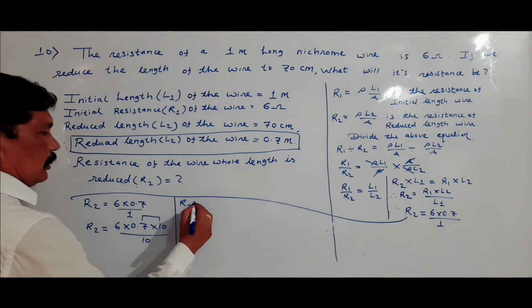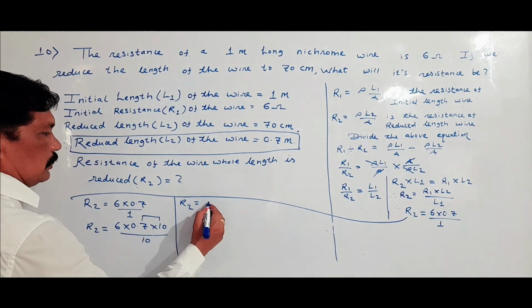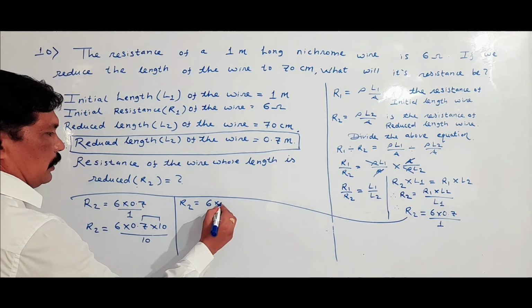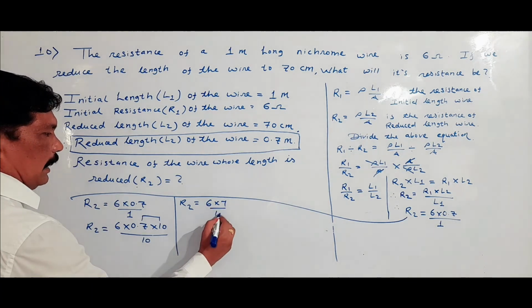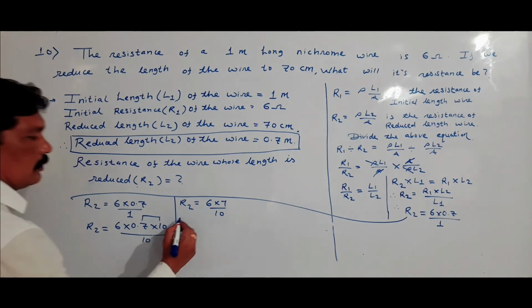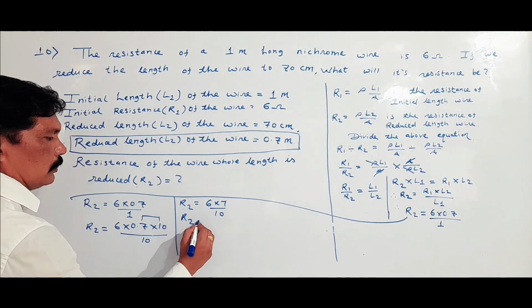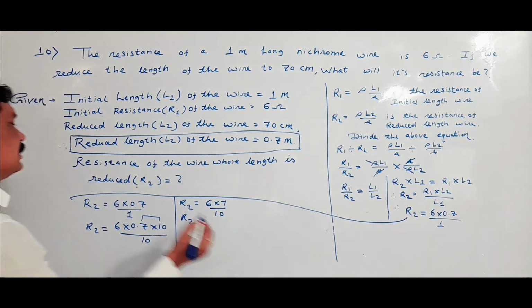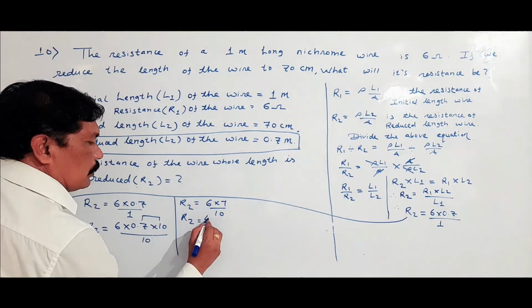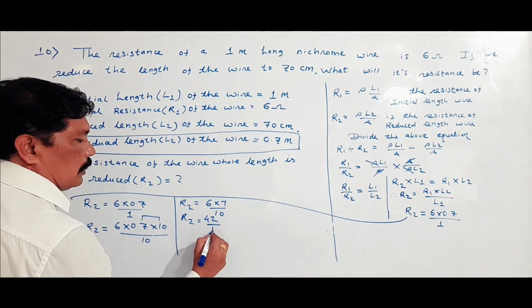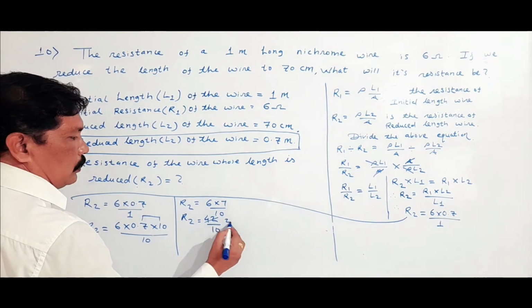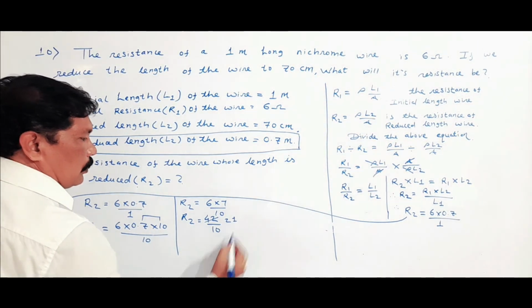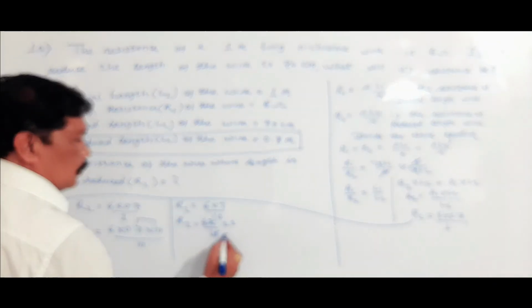R2 is equal to 6 into 7 divided by 10. 6 sevens are 42. 42 divided by 10.